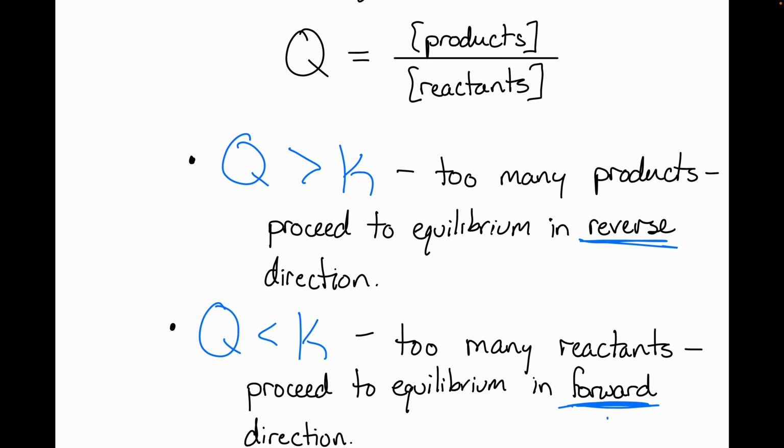All right, so we can calculate that value of Q by plugging in conditions into our same old equilibrium expression. We can compare that to our equilibrium constant, and it tells us something about which direction the reaction is going to go in order to reach equilibrium.